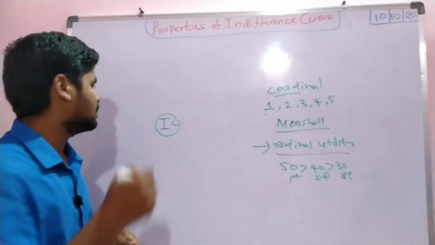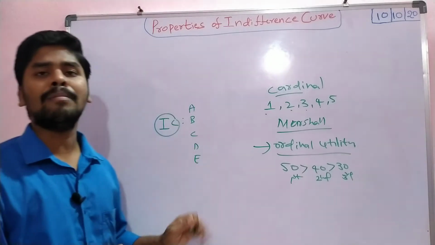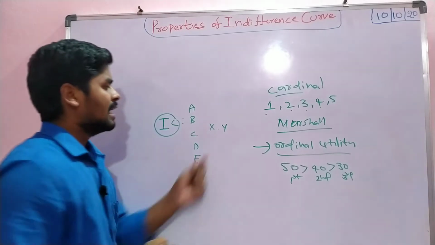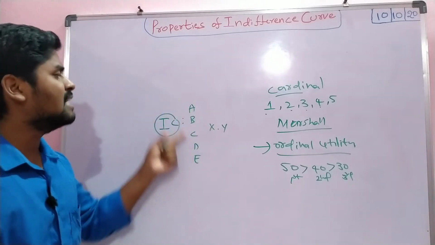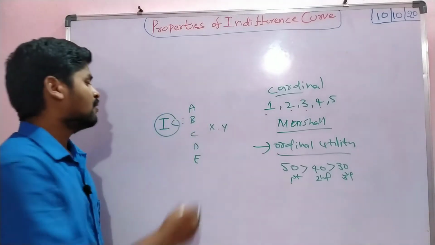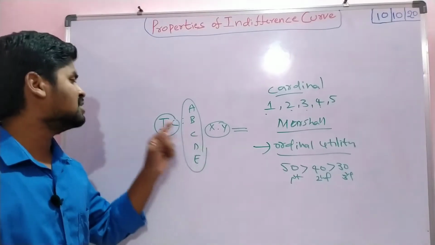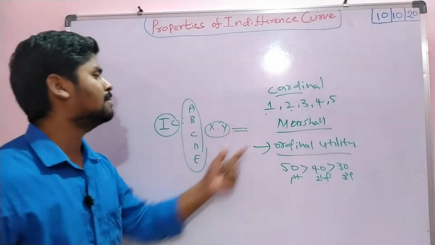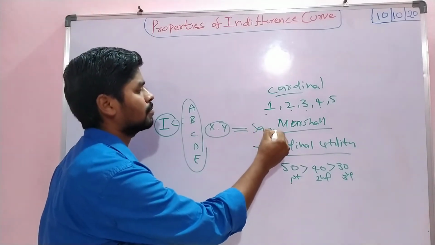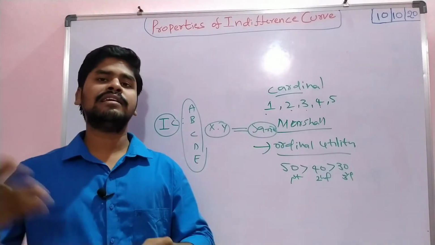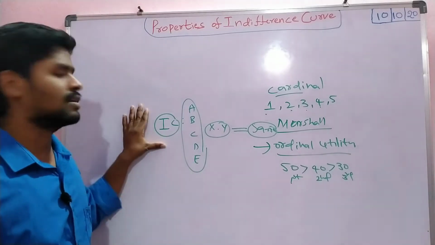The various combinations like A, B, C, D, E are combinations of X quantity and Y quantity, and all of them give the same level of satisfaction. That is what an indifference curve is.